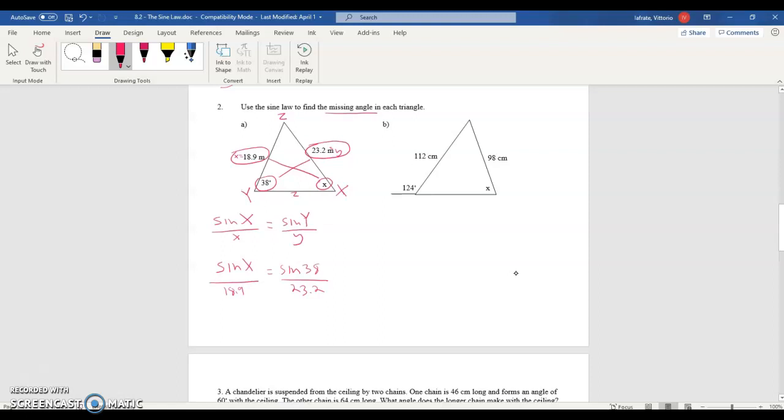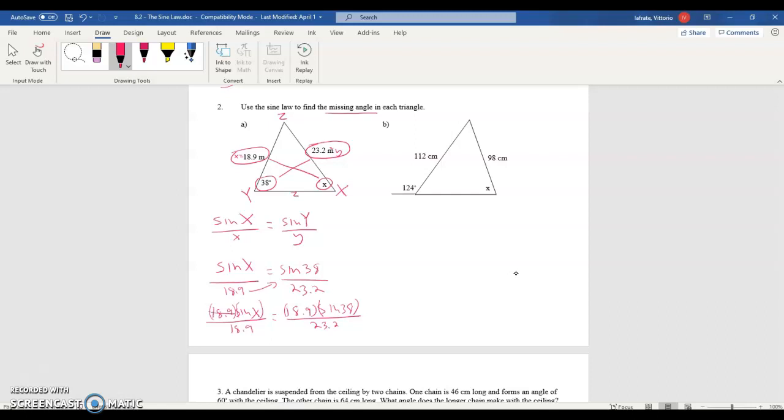And so now I need to solve for sine x. So I'm sending this to the other side, and I multiply everything by 18.9. So 18.9 sine x over 18.9 is equal to 18.9 times sine 38 over 23.2.